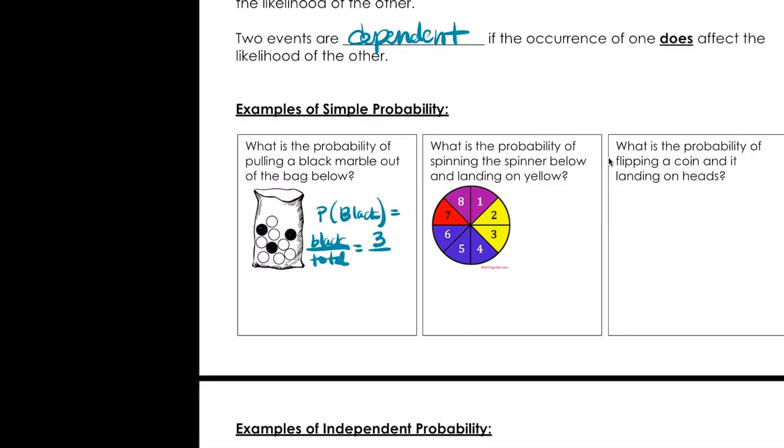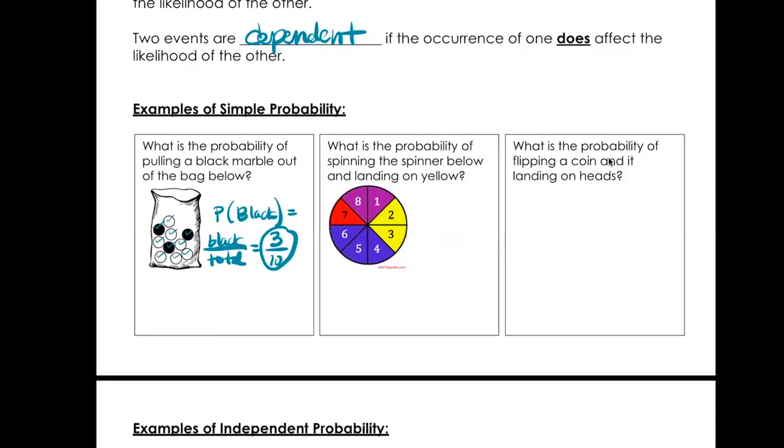There's 3 black marbles. How many marbles are there altogether? 1, 2, 3, 4, 5, 6, 7, 8, 9, 10. There's 10. So the probability of pulling a black marble out of that bag without looking is 3 out of 10. 3 out of 10 cannot be simplified. That's our final answer.